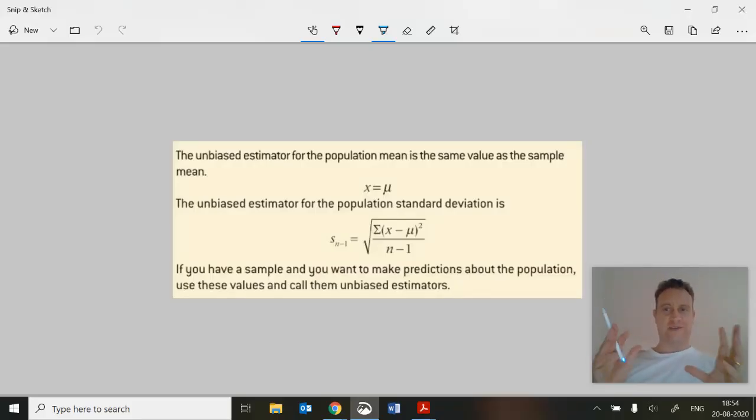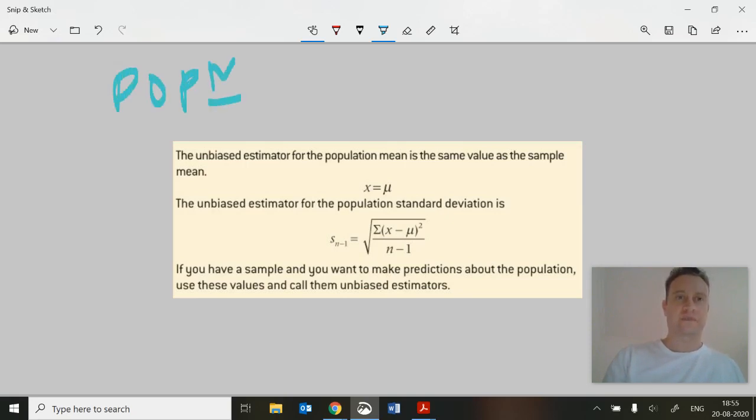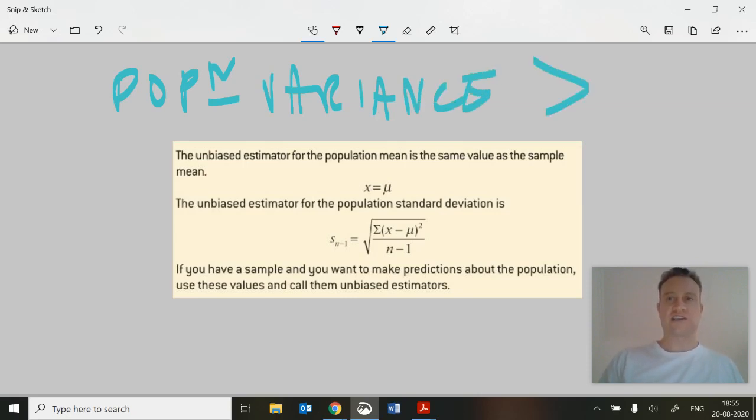So just to explain, I did about another 20 minutes after that, stopping a few times, trying to prove why we have this correction, why we divide by n-1, and not just trying to prove that, but also trying to prove that the population variance is always greater than the sample variance.